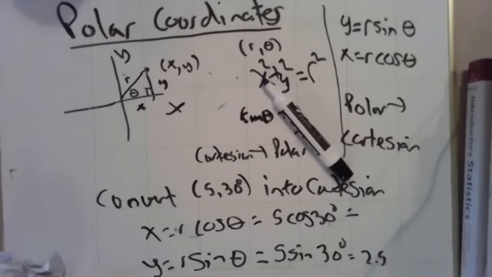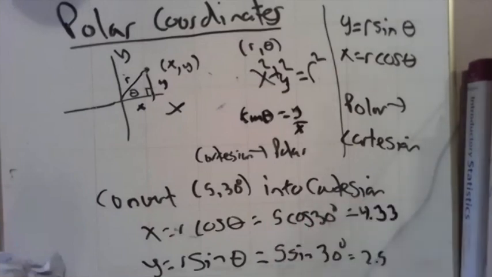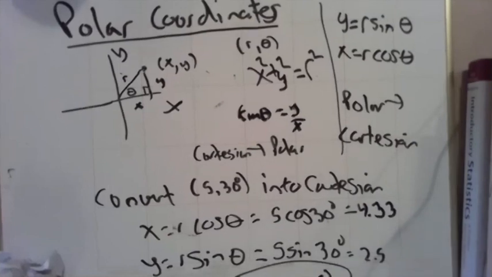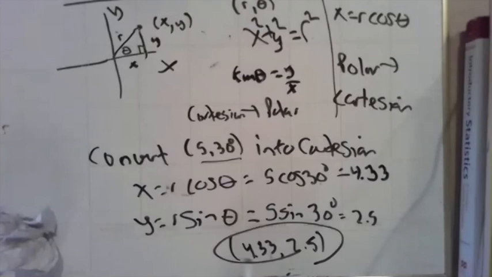For the most part though, if you're using the calculator, you're going to be in degree mode most of the time. Okay, I got 4.33. So this point is the point (4.33, 2.5) in x and y. So there's r, theta, x and y.